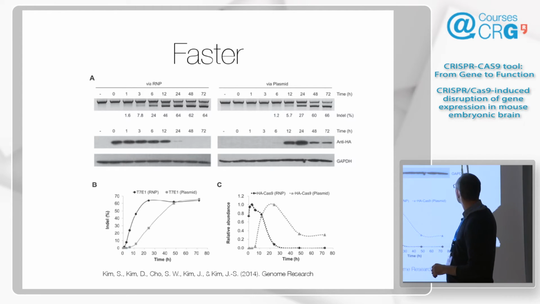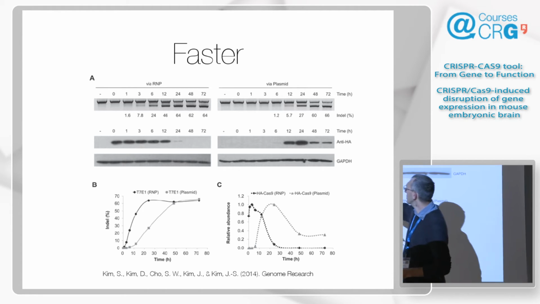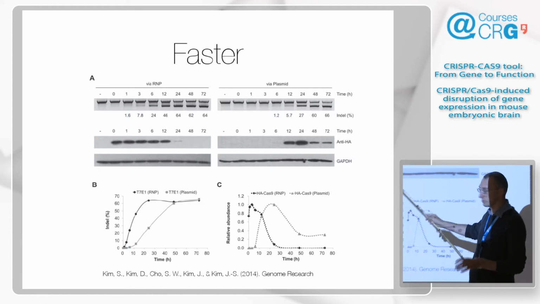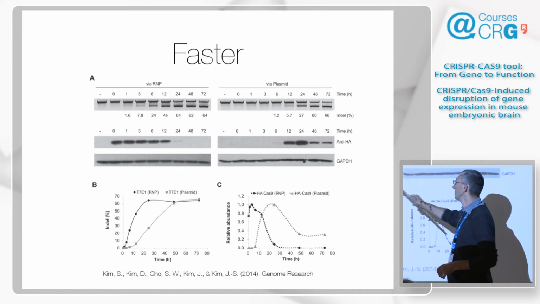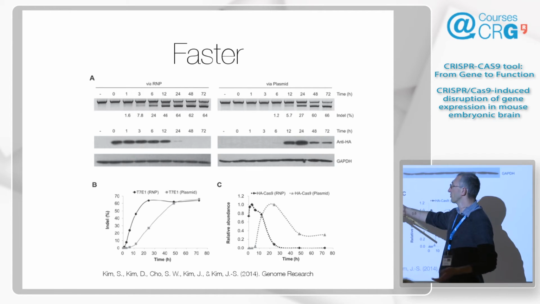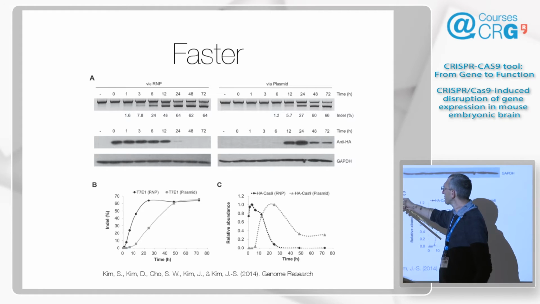This is just a normalization control, but this band represents the edit. The exact assay is not so important, but the wild type is above and this is an edit. You'll see with the protein, it is of course immediate as soon as you put it in. In this case, it's cell culture.